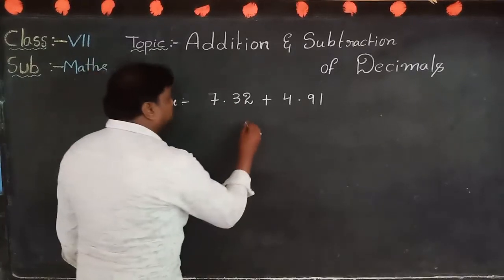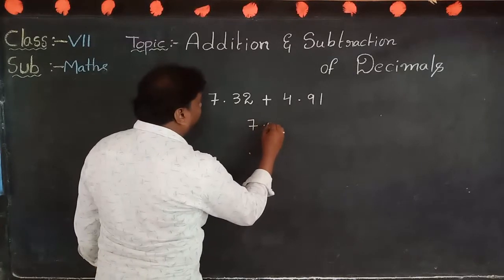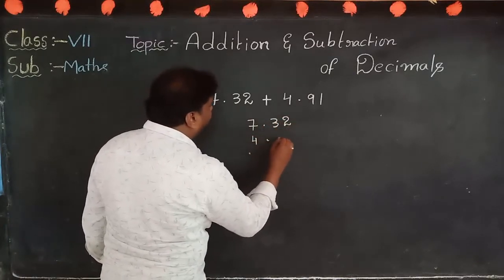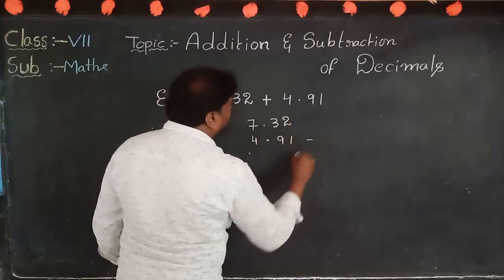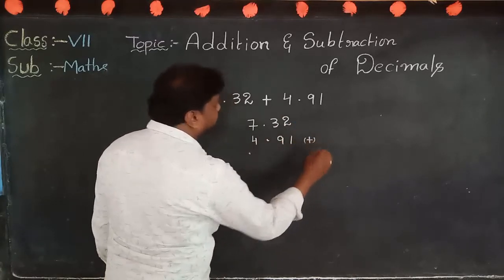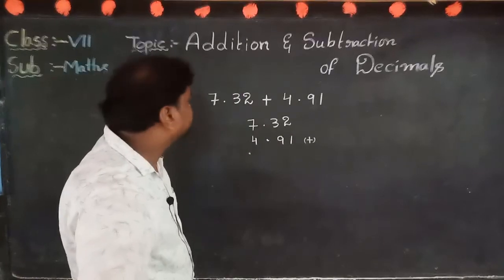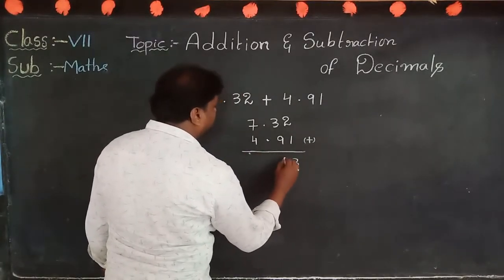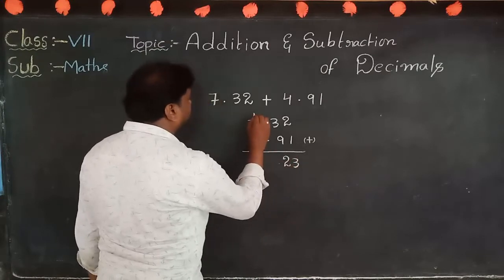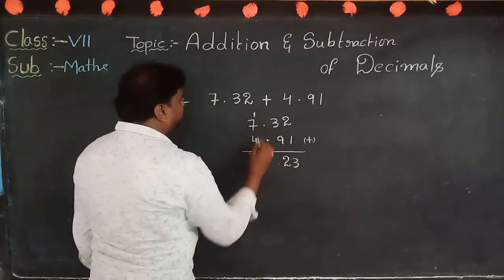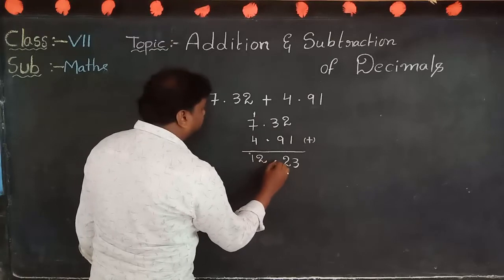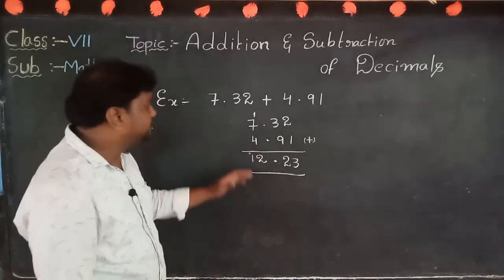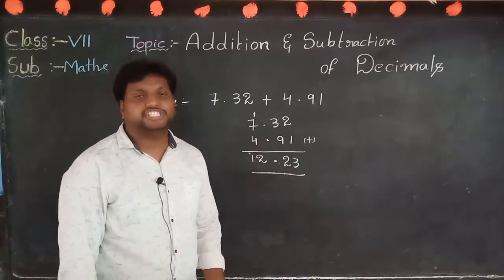Next, 7.32 and 4.91 we have to add. Then 2 and 1 is 3, 3 and 9 is 12, 7 plus 1 is 8, plus 4 is 12. So the answer is 12.23, same as normal addition.